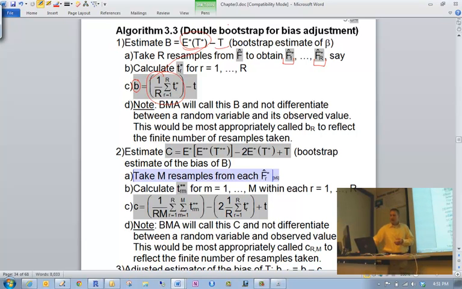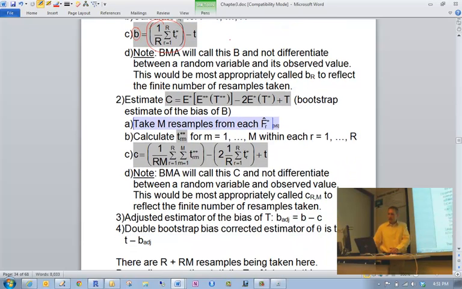Okay. Now, this is the new part. We want to calculate this C. So now we have these R resamples. What we're going to do is within each of the resamples take M more resamples. Again, from within a resample.